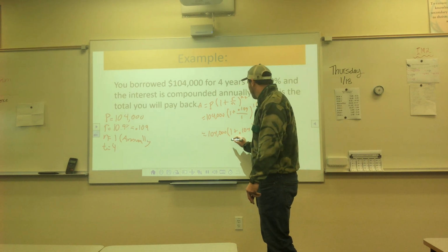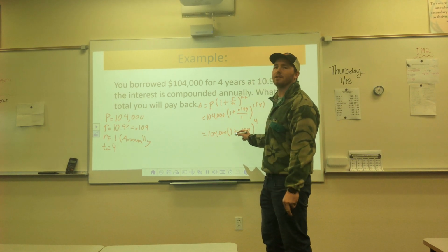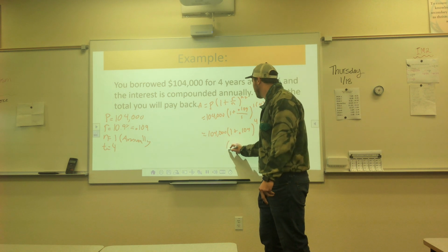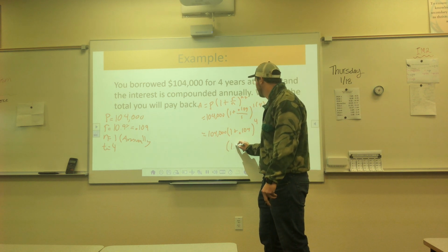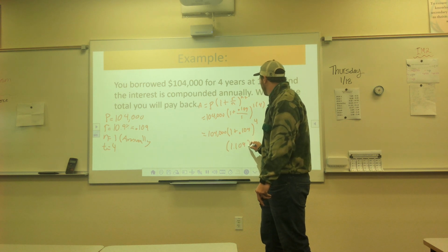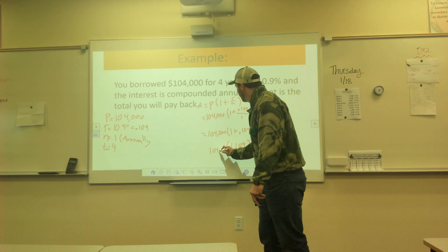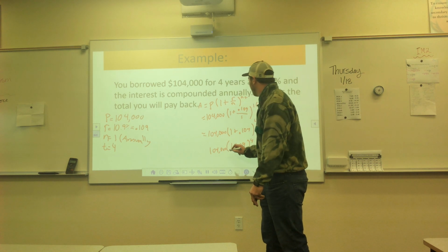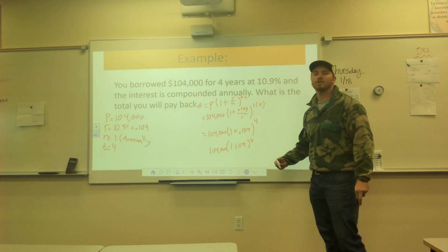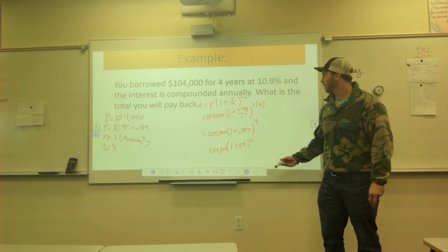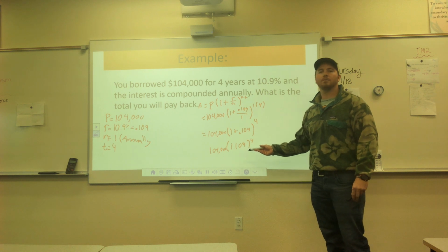Parentheses, 1 plus 0.109. When there's nothing in front of it, the 1 just takes over the place. It's just filling spots, but instead of filling that with a 0, it's filling it with a 1, because it's being added to it. Okay, we did it inside the parentheses.